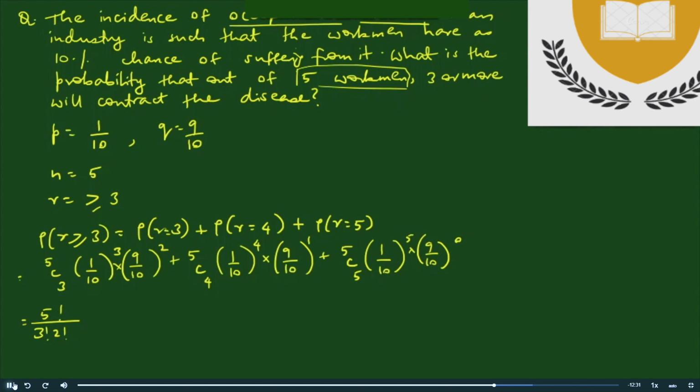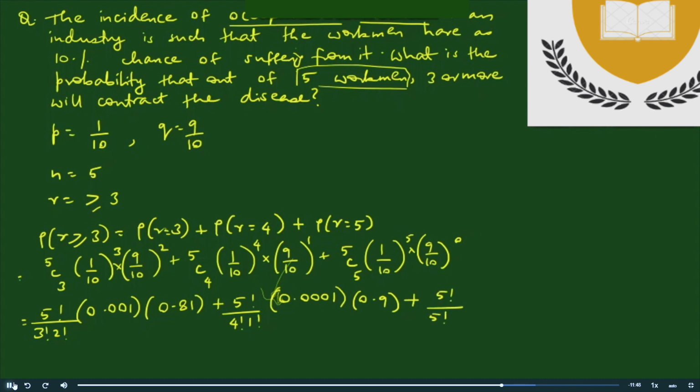Okay, you can recheck it. 0.001 into 0.81 plus 5 factorial by 4 factorial into 1 factorial into 0.0001 into 0.9 plus 5 factorial by 5 factorial into 0 factorial into 0.00001 into 1.